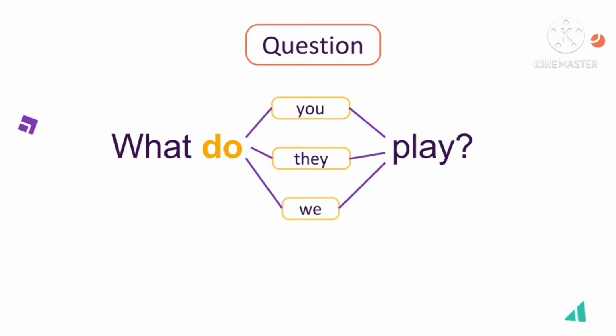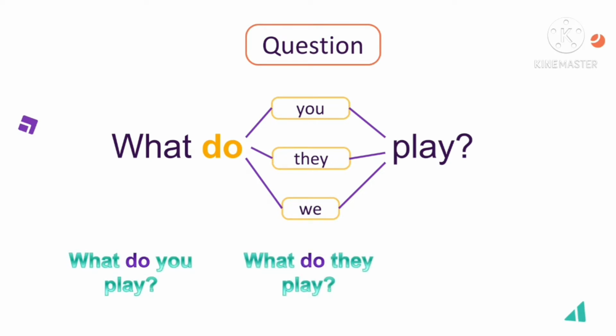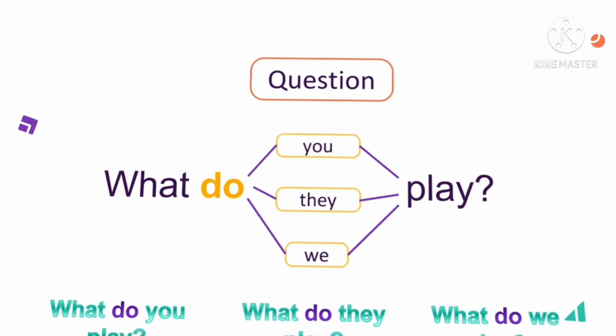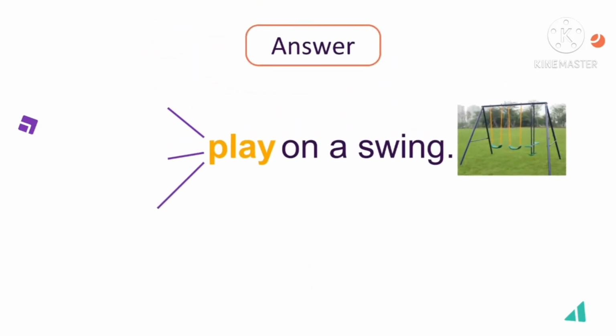Okay, one more time. What do you play? What do they play? And what do we play? It's easy, right? Okay, how about the answer, miss? Well, it's also easy.